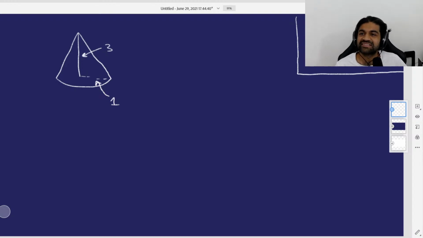And inside this cone, there is an inscribed cube, so that the bottom face of the cube sits at the very bottom here. So you can imagine there's a cube sitting inside here, so that the very bottom face of the cube touches the bottom face of the cone. Okay. So the question is, what is the side length of the cube?